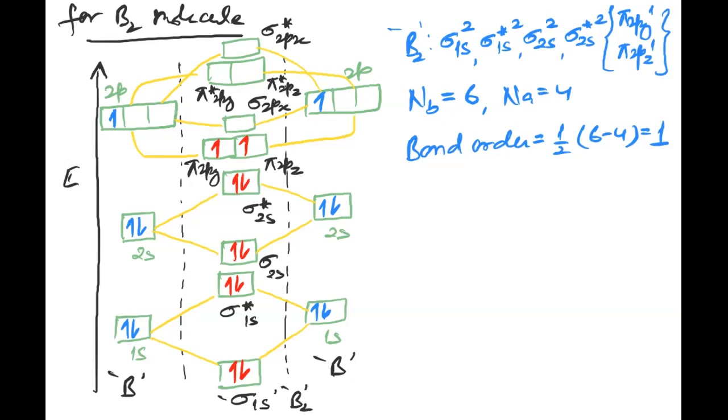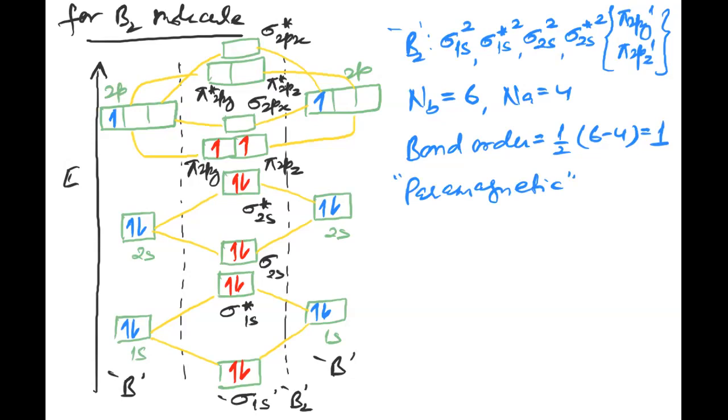As far as B2 is concerned, it is found to be paramagnetic in nature, as it has two unpaired electrons.